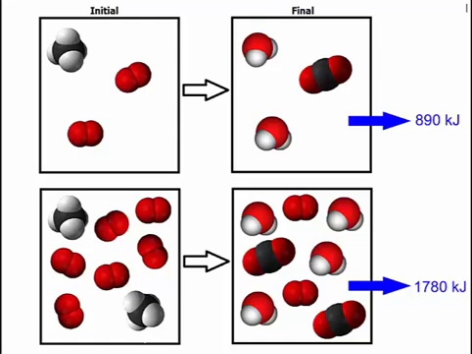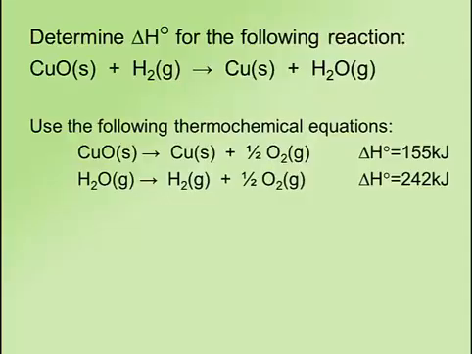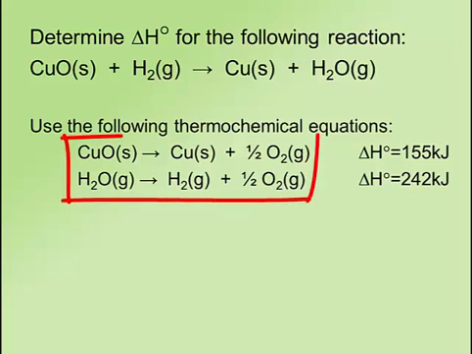Delta H changes by the same magnitude. We're going to use those same skills here. The goal is to manipulate the given thermochemical equations in such a way that in the end, the equations used add up algebraically to the chemical reaction in question.